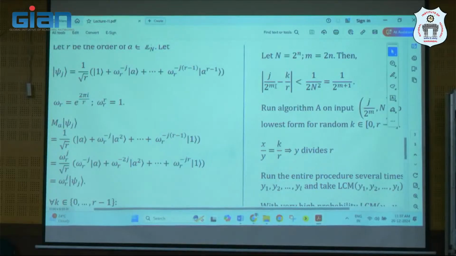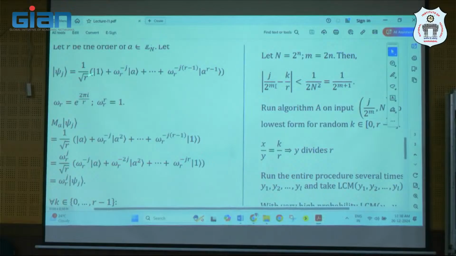Correct? And when we say ket a, what does it mean? A is a number, it uses binary representation, that is the ket. Always we know what ket j is, the usual. This state we are defining as psi j.